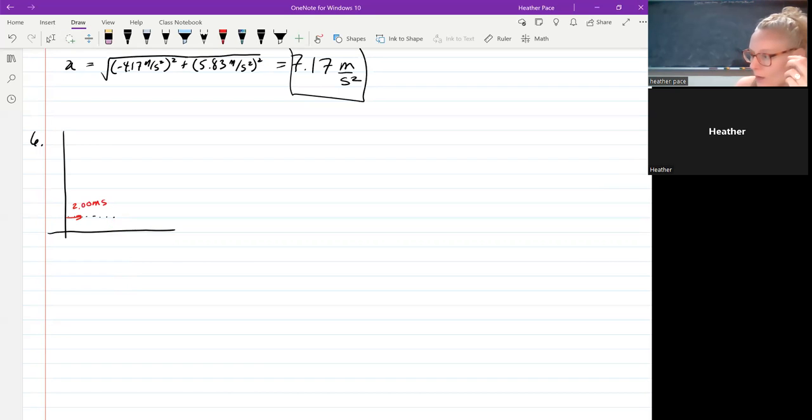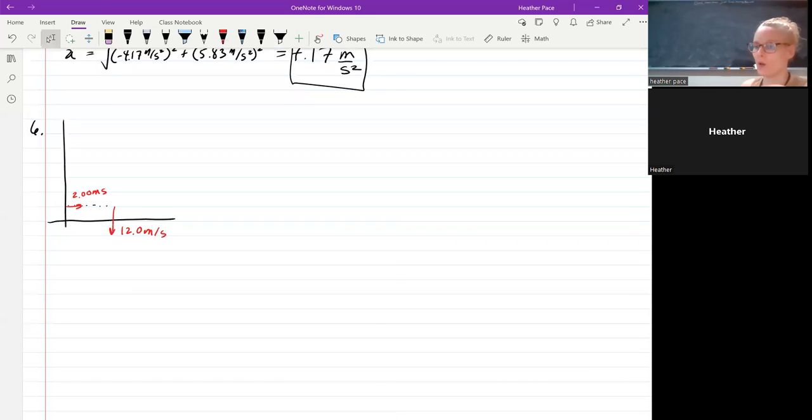I'm going to do this. No, I was right the first time. 12.0 meters per second. All right, again, we have all x or all y components for our velocity. So what are the x, y components of the acceleration.